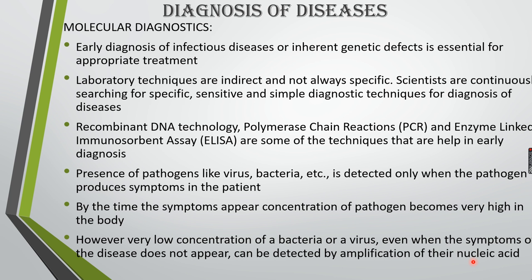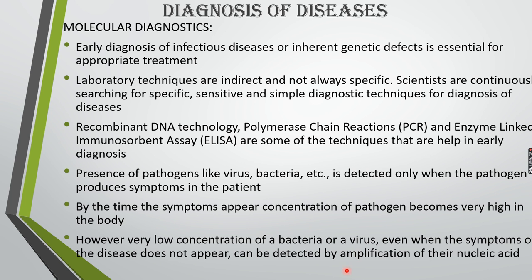So the bacteria or virus is in very low concentration in the patient's body. At that time they are not showing any symptom outside, such as eruption, pus, or rashes.